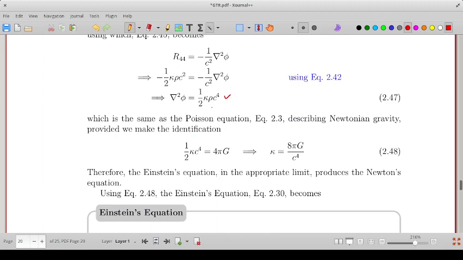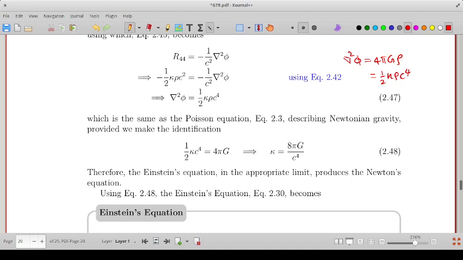Now, this is the Poisson equation. But the Poisson equation representing the gravitational field is given by del square phi is equal to 4 pi G rho. And here the Newtonian limit of Einstein's equation led to del square phi is equal to half k rho c to the power 4. So this should match, so that the Einstein equation reduces to the Newtonian gravity equation in the Newtonian limit.